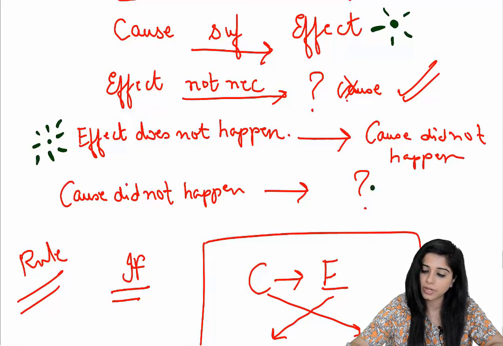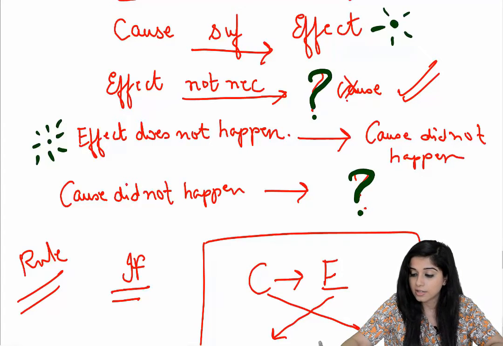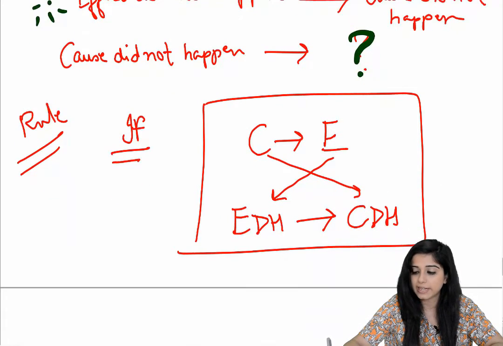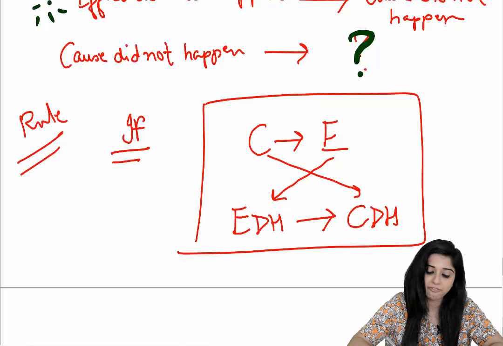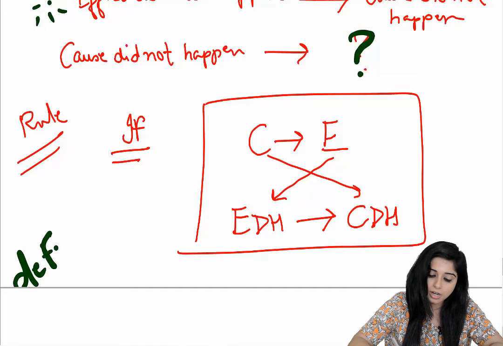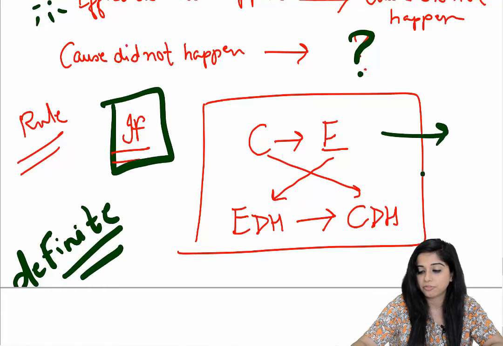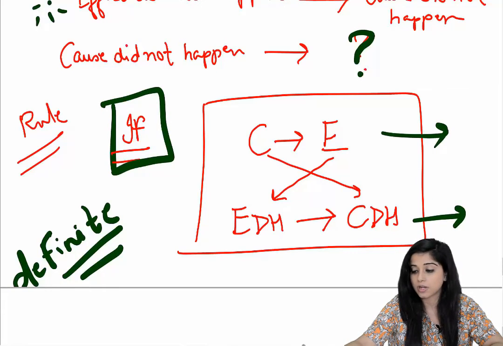In the rest of the two cases, you can see this big question mark, right? That means you're not getting an answer, and I've made a rule out of this. Now, the rule basically means that you'll only get a definite answer for the if statement if you take these into account.